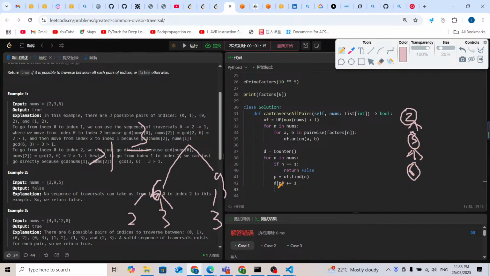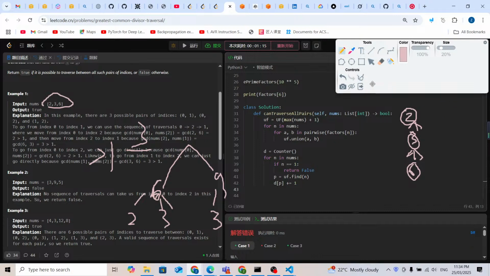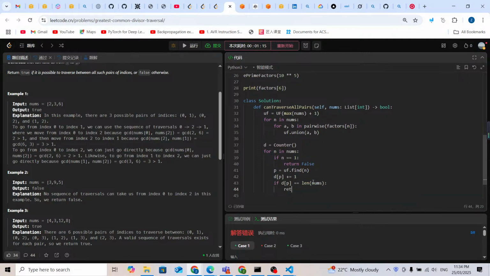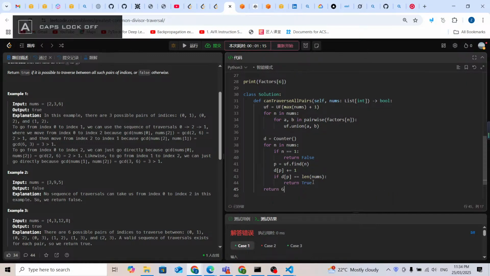So this means for this node 2, I'm going to have a value of 3. So if it is equal to the length of the nums, basically it means it is true. Otherwise, it's going to be false. It means it is connected. So if dp of its parent equals the length of the nums, I'm going to return true. Otherwise, I'm going to return false.